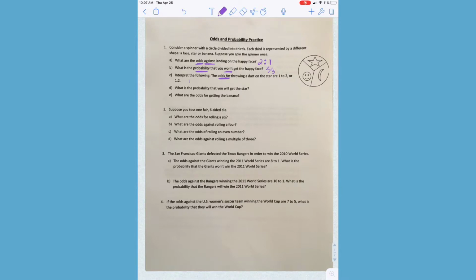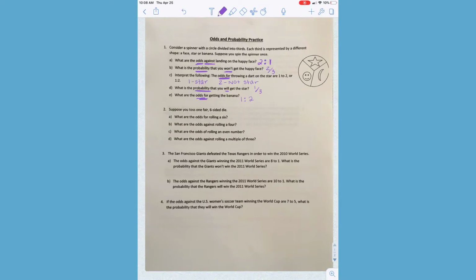So 1 represents star, and 2 represents landing on something that is not a star. Now, when I ask about the probability that you will get a star, there is 1 star out of a total of 3 items. When I ask about the odds for getting the banana, there is 1 banana, and there are 2 things that are not bananas.